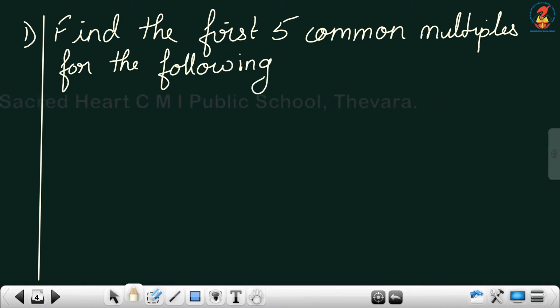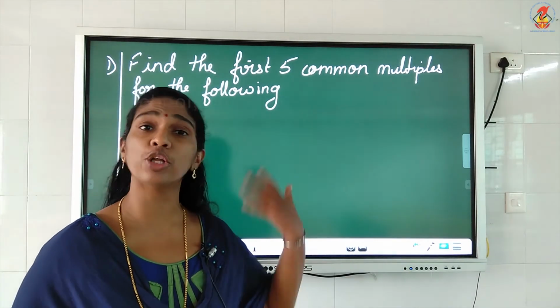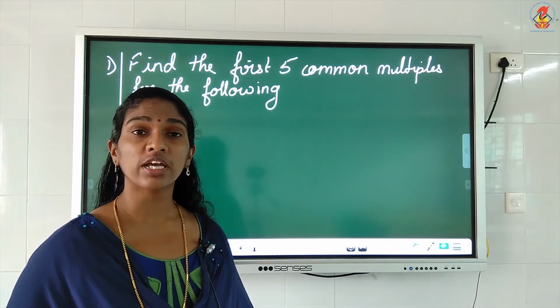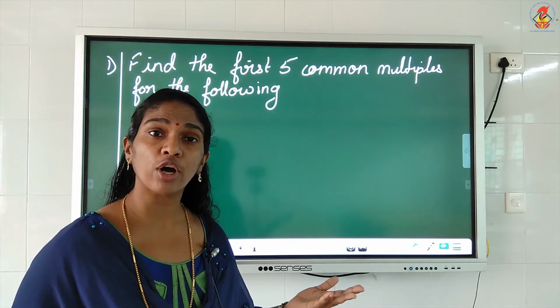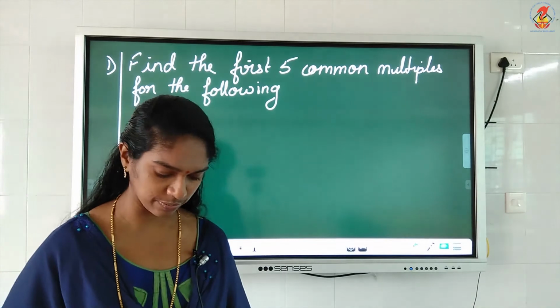You are going to find the first 5 common multiples because you will get an infinite number of common multiples. First of all, you will get an infinite number of multiples. If you are getting an infinite number of multiples, you will also get an infinite number of common multiples. So, we are going to find only the first 5 common multiples.